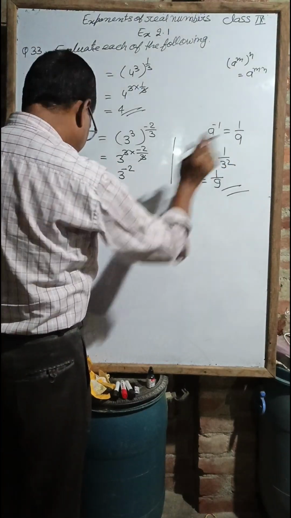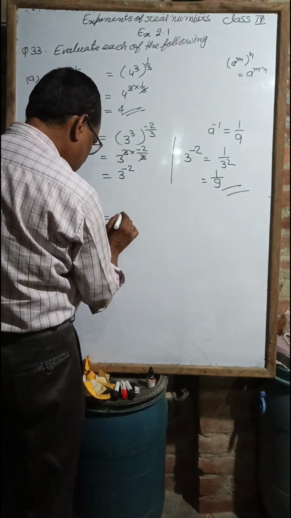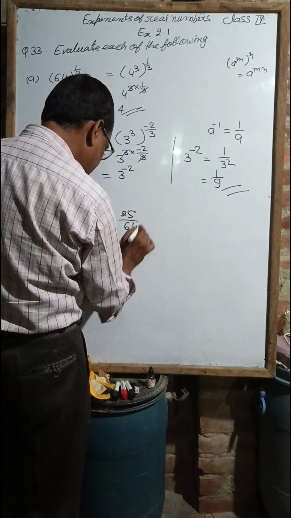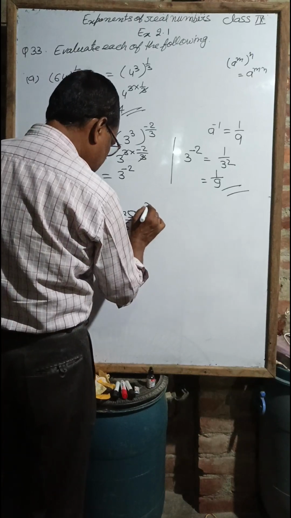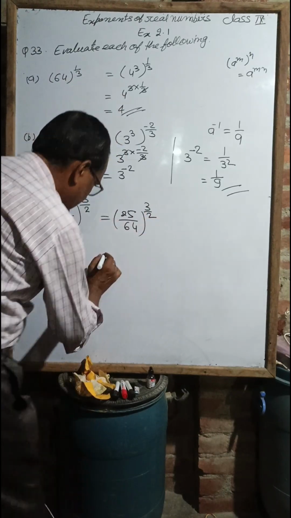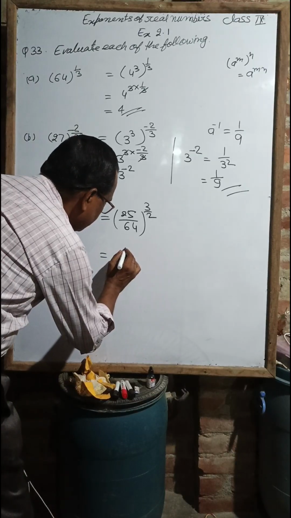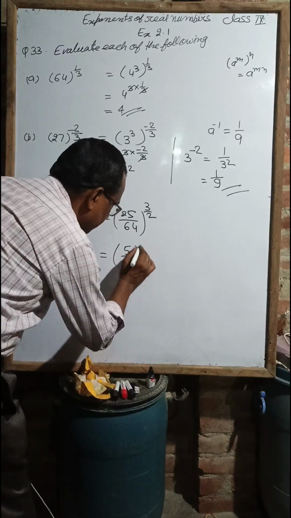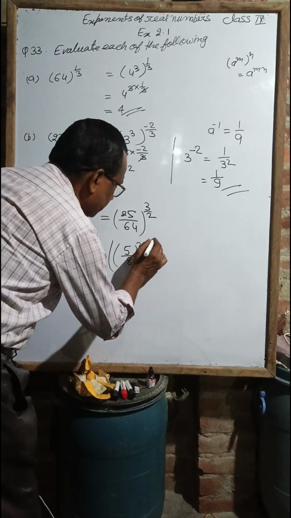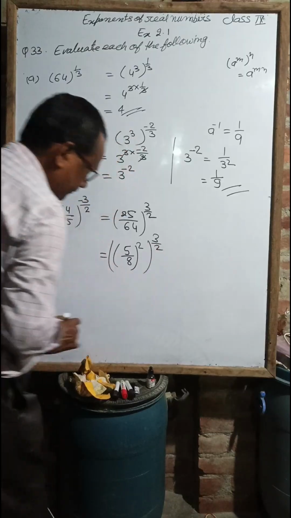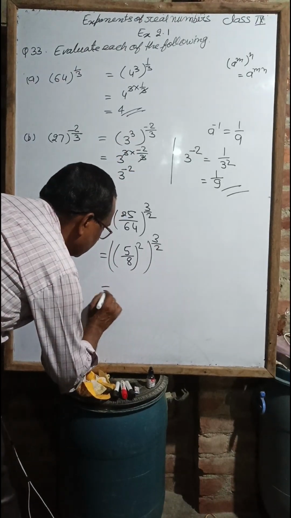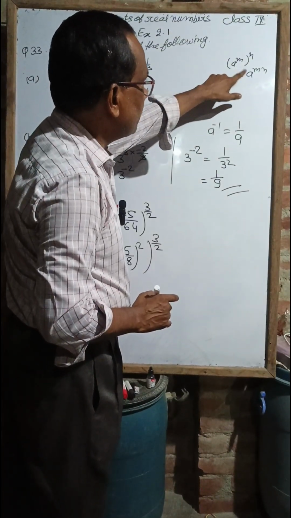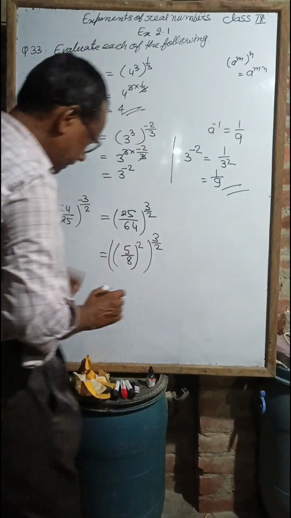Last part of this question, 64 over 25 whole to the power minus 3 over 2. So a inverse equal to 1 upon a, is equal to 25 upon 64 whole to the power 3 over 2, is equal to 5 over 8 whole square raised to the power 3 over 2.